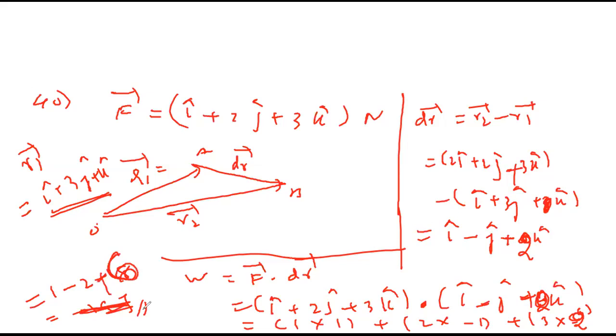That means 3 joule is the required answer. Sir, yes, the answer will be 5 joule. 1 minus 2 is... 5 joule. Sorry, 5 joule. 5 joule is an option, right? Yeah, 5 joule. Okay.